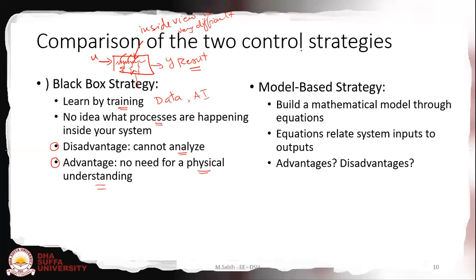Second is the model based strategy. इस मॉडल बेस्ड स्ट्रेटजी में हम इक्वेशंस और फिजिक्स को यूज करते हुए पहले मैथमेटिकल मॉडल बनाते हैं, उसके बाद फिर हम इक्वेशंस डेवलप करते हैं टू रिलेट द इनपुट्स एंड आउटपुट्स.